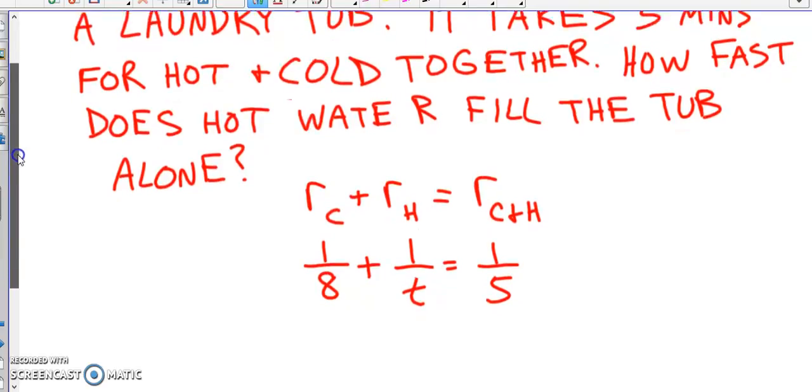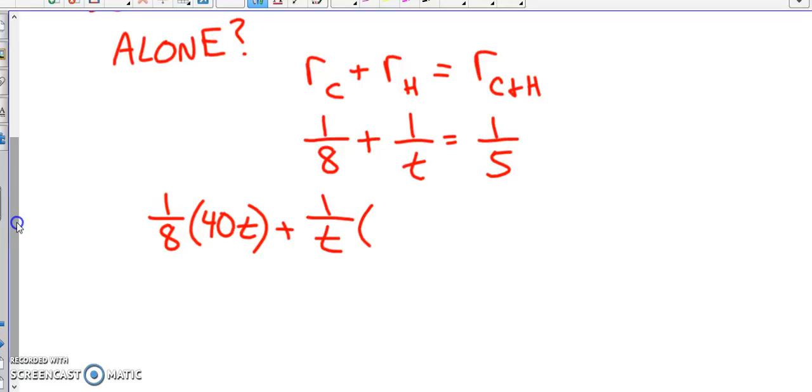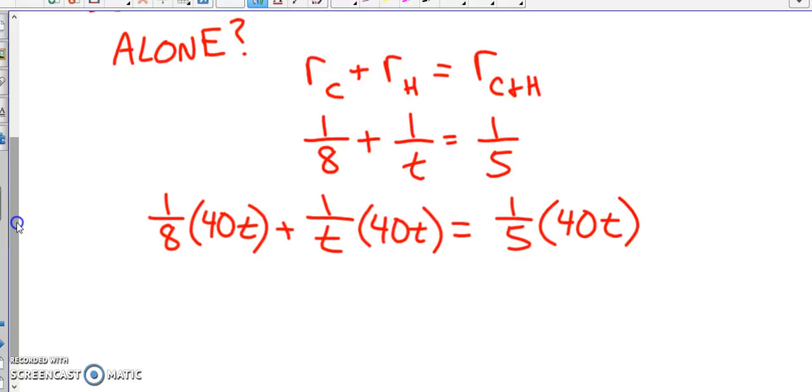So here we have to multiply by the common denominator to clear the fraction. The common denominator between 8, t, and 5 would be 40t. So I'm going to take 1/8 times 40t plus 1/T times 40t equals 1/5 times 40t.